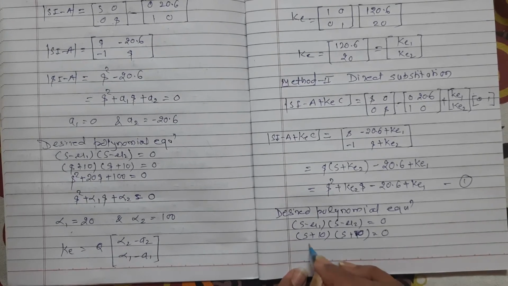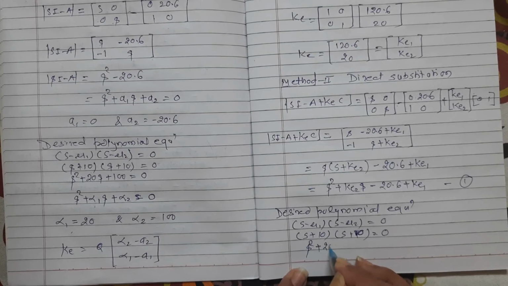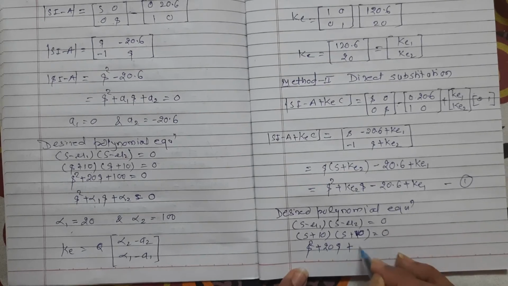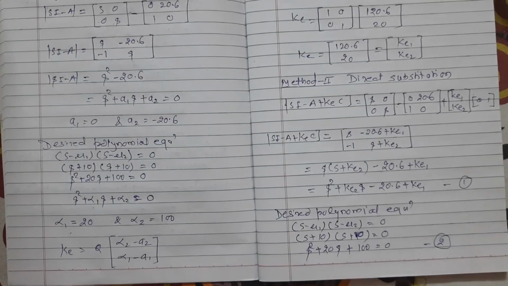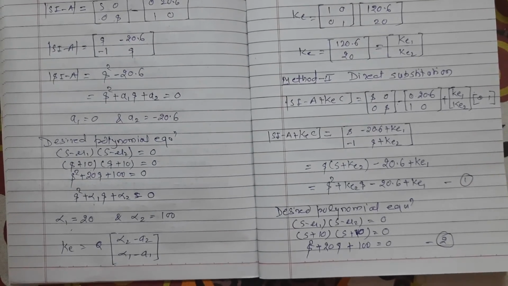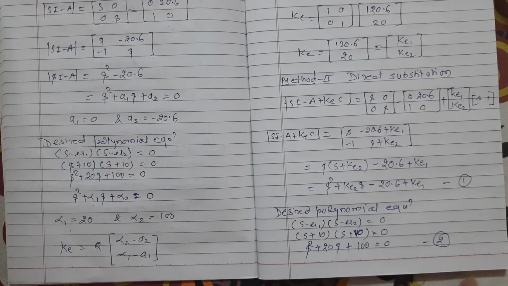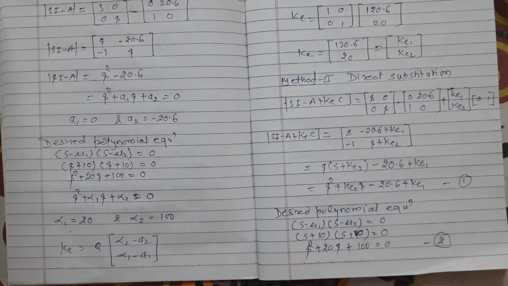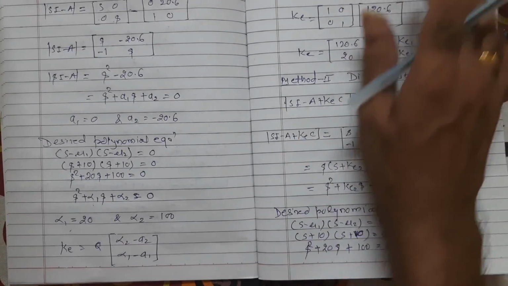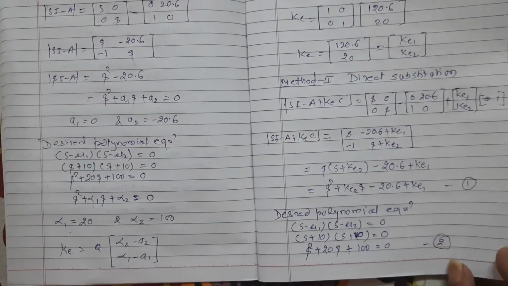So this becomes s square plus 20s plus 100, equal to 0. So this is my second equation. Now we will equate the same powers, s square to s square, s to s, and constant to constant, and see what we get there.